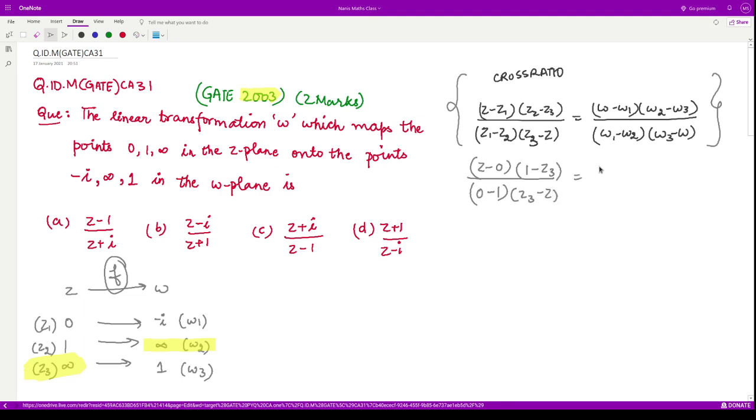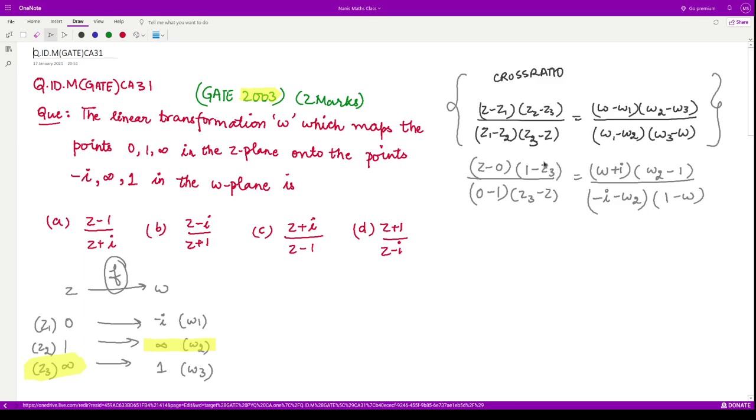On the right hand side we won't substitute for w2. w1 is minus iota, w2 as such, w3 minus the value is 1, w1's value is minus iota minus w2, and then we have w3 1 minus w.